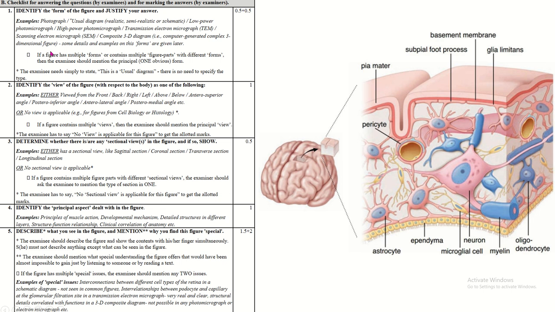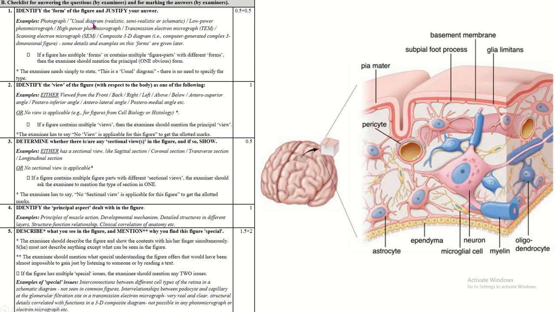At first, you have to identify the form of the figure and justify your answer. These are the forms of the figure: photograph, usual diagram. Within the usual diagram, realistic, semi-realistic, and schematic figures are included, but you don't need to mention realistic, semi-realistic, or schematic.